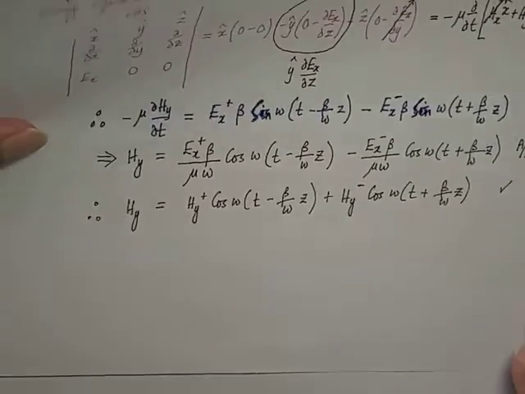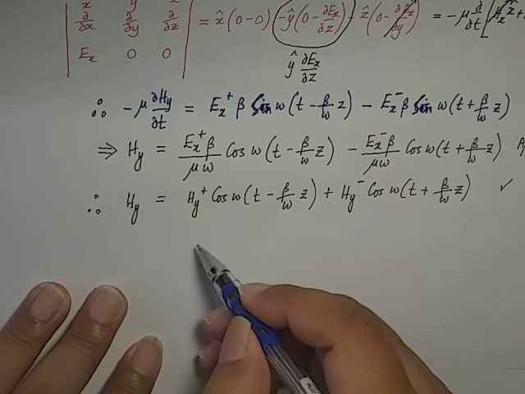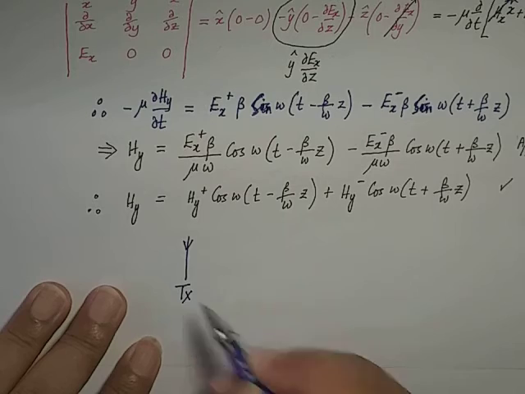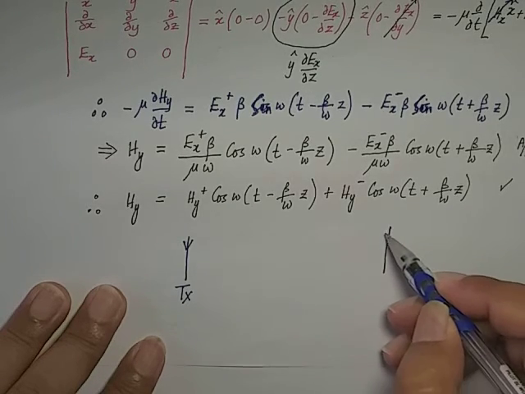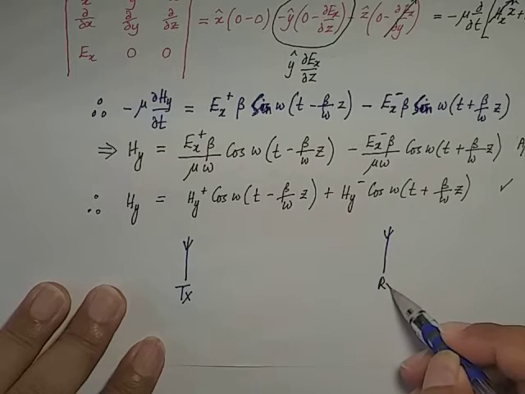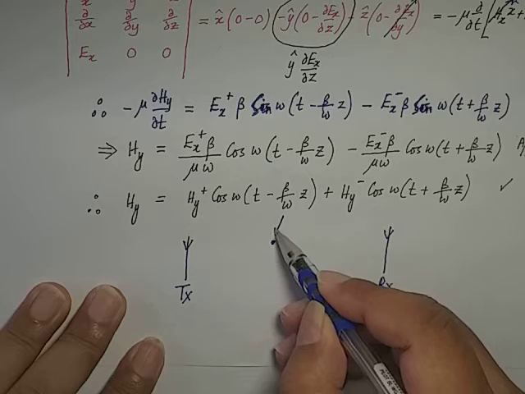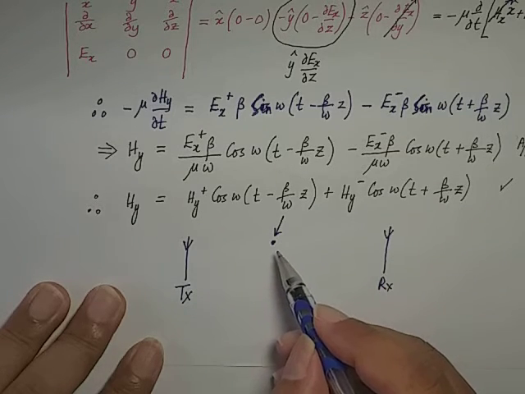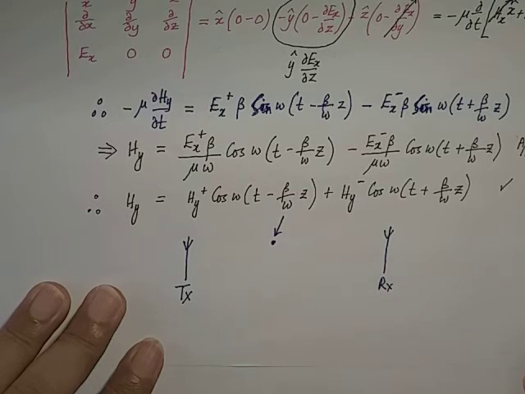What we are doing here, I'd like to highlight again to re-explain. We have a transmitter, and then there's a receiver very far away. So what we are doing is modeling the plane wave here. What is the equation of the wave in this particular region, which is very far from the transmitter?